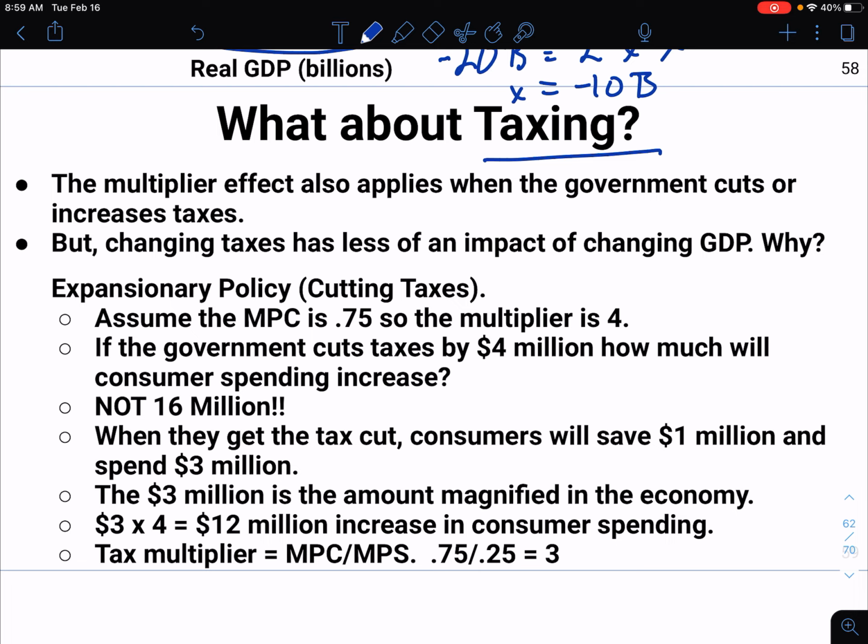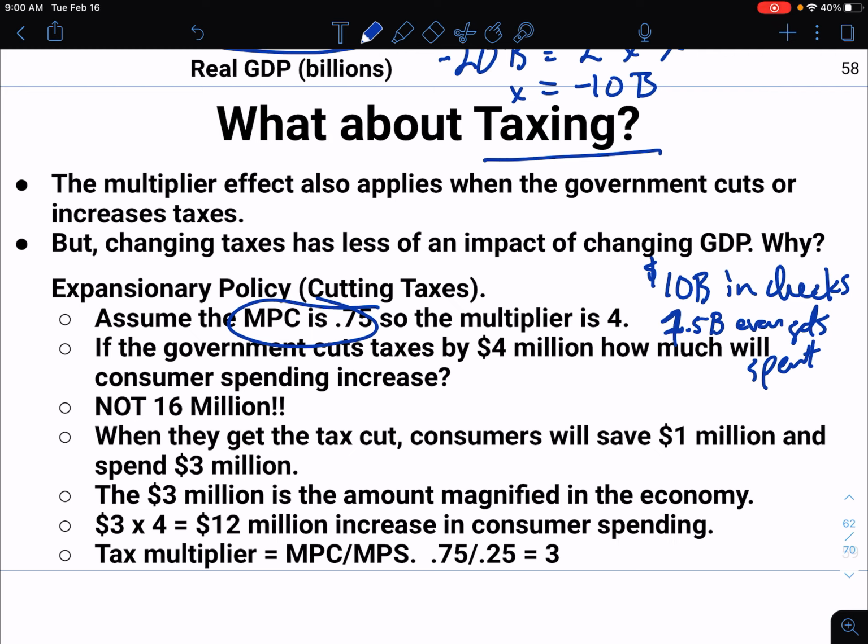If they give you a check, the first thing you're going to do is save a portion of it, right? So if they write $10 billion worth of checks, how much gets spent? And if we spend 0.75, then that means that only 7.5 billion ever gets spent in that first round, because the first thing we do is save.